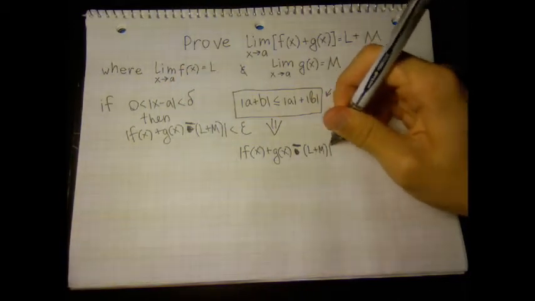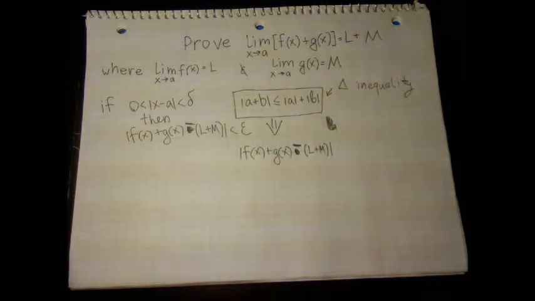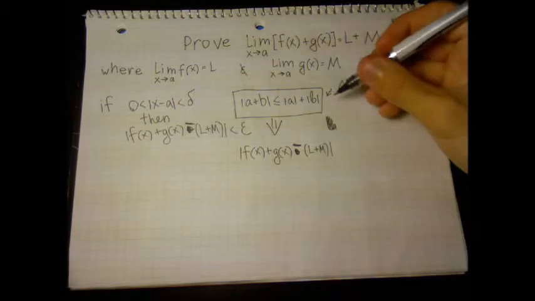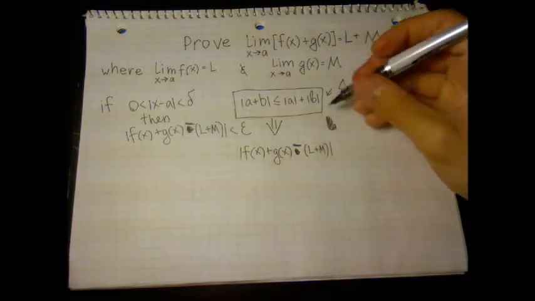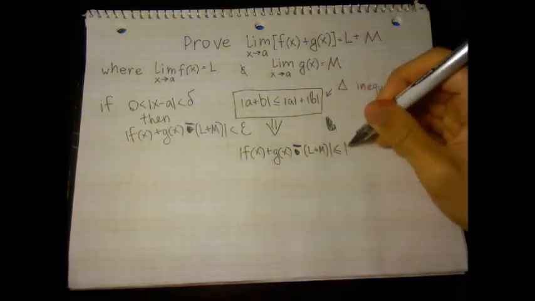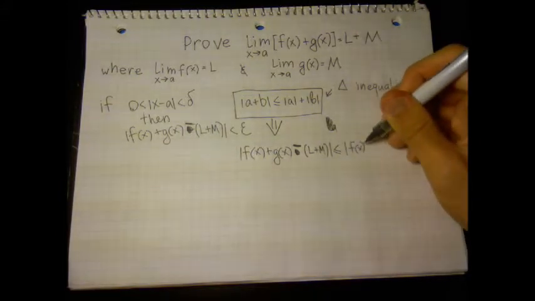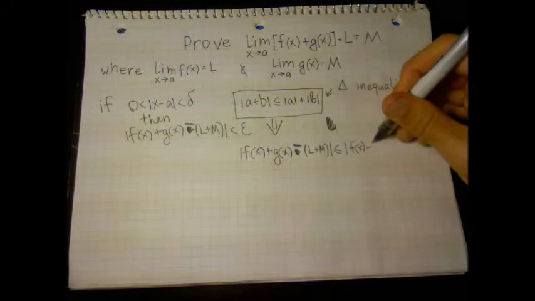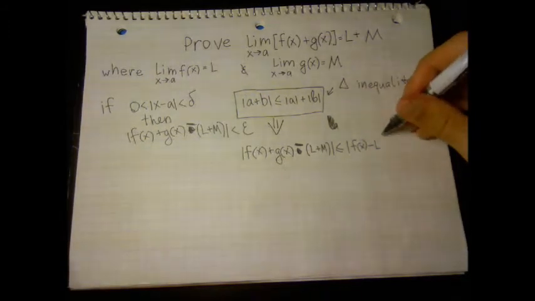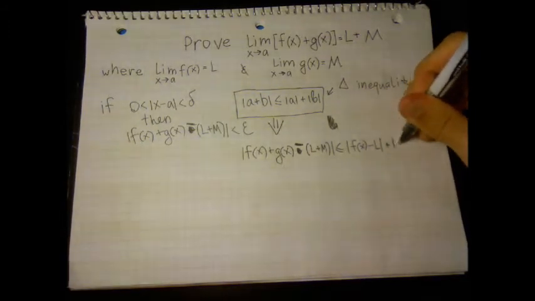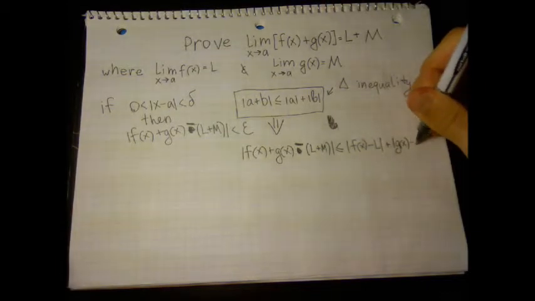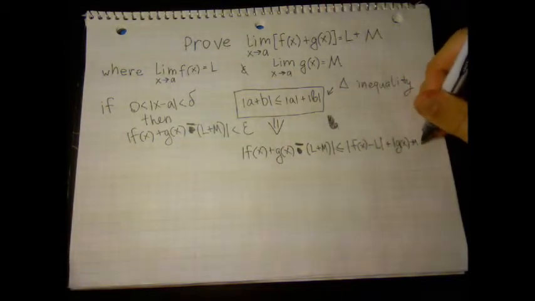Anyway, we can put L and M in the brackets, and after that just rearrange some of the terms exactly like in the triangle inequality, which will result in the absolute value of f of x minus L, plus the absolute value of g of x minus M.